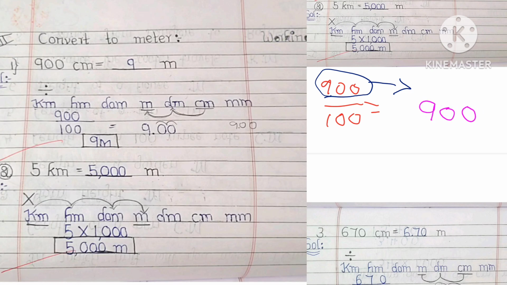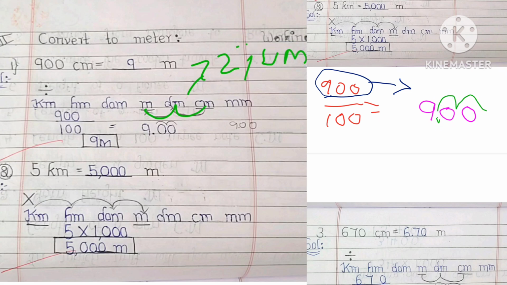After writing that, what is there at the top, that is in the numerator 900, that you need to write aside. In the denominator you have two zeros, based on that you have to make jumps, that is from the right towards the left, two jumps.